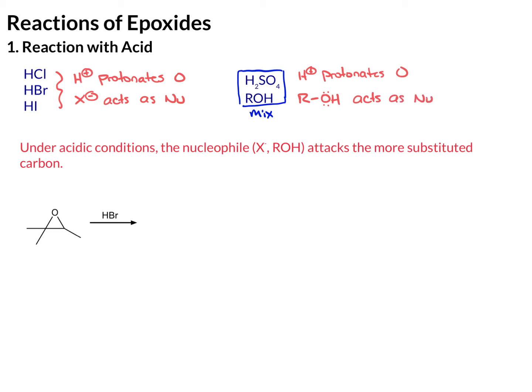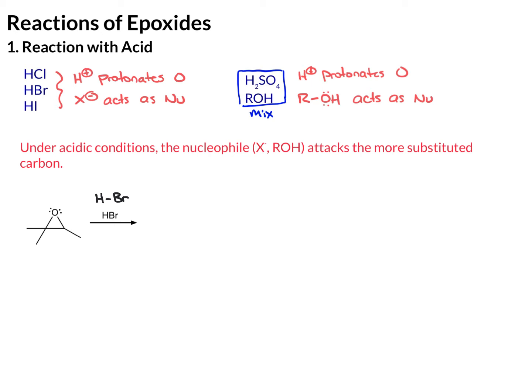So let's look at this example. We're going to take this epoxide and react it with HBr. I'm going to start by actually drawing the HBr bond so that we have electrons to push. And I'm going to put the lone pairs on the oxygen.